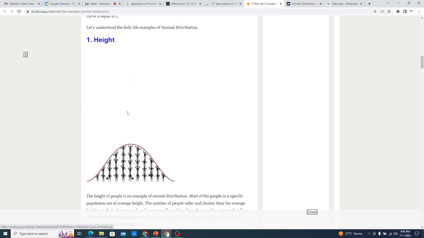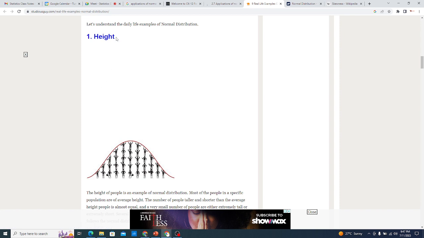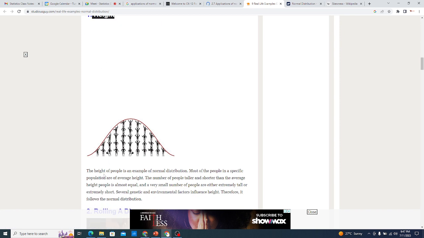So let's go with height. We have an example of height. The height of people is an example of normal distribution. Most of the people in a specific population have average height.